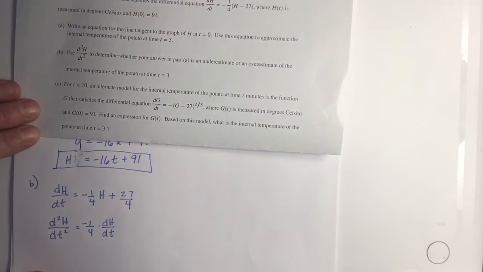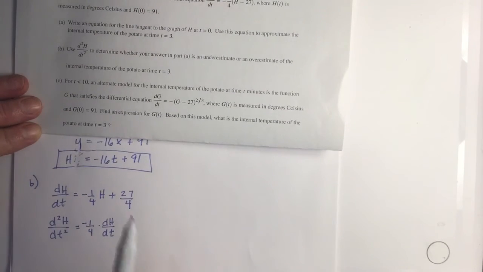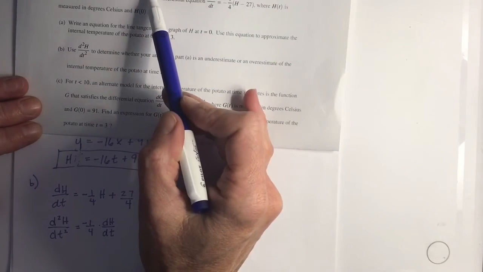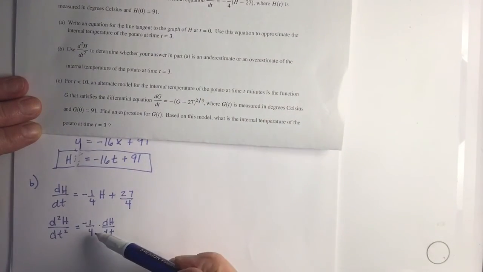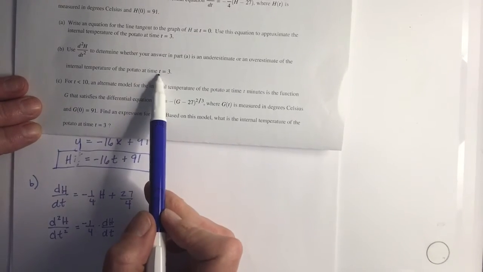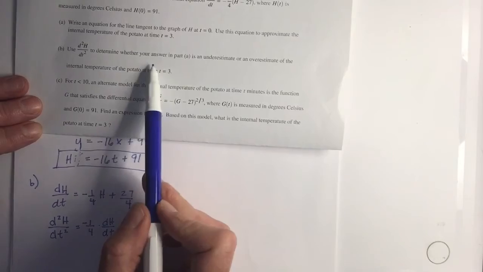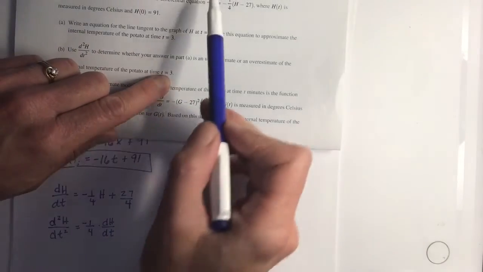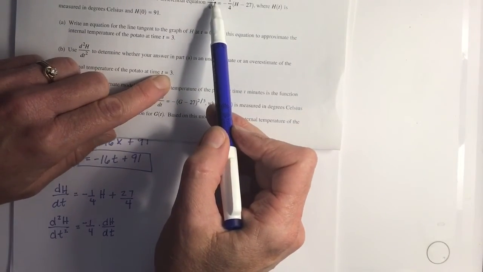Now we're saying t is greater than 0. I have to think. At t equals 3, I need to solve dh dt for t equals 3.